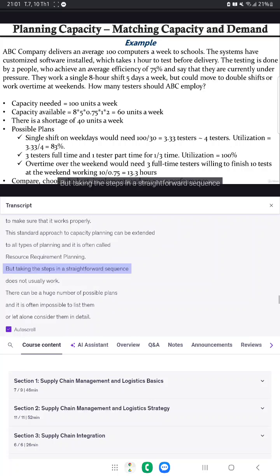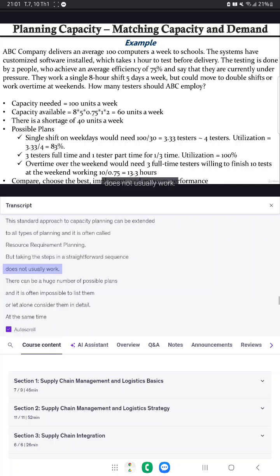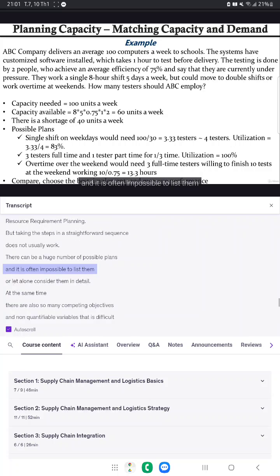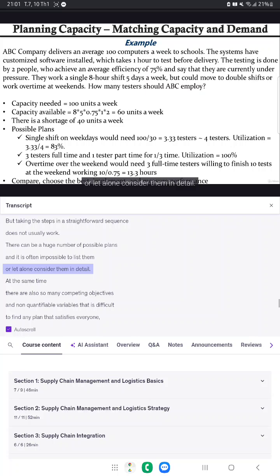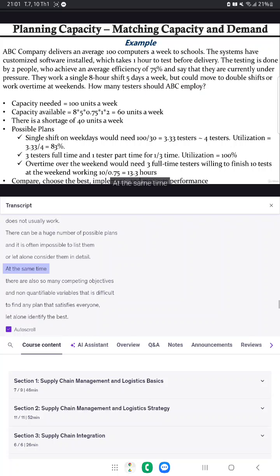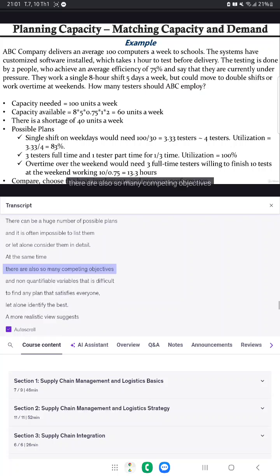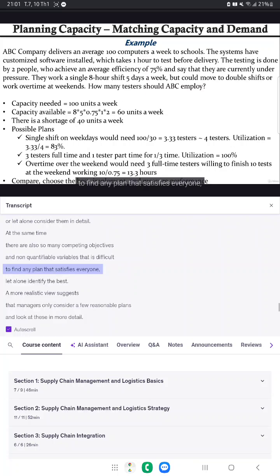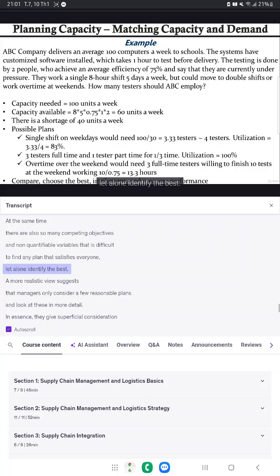But taking the steps in a straightforward sequence does not usually work. There can be a huge number of possible plans, and it is often impossible to list them all, let alone consider them in detail. At the same time, there are also so many competing objectives and non-quantifiable variables that it is difficult to find any plan that satisfies everyone, let alone identify the best.